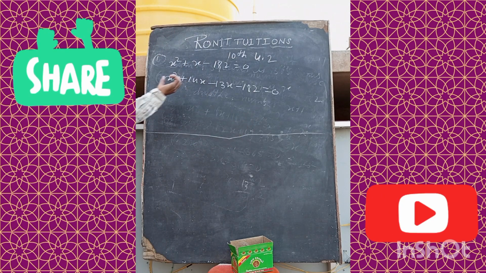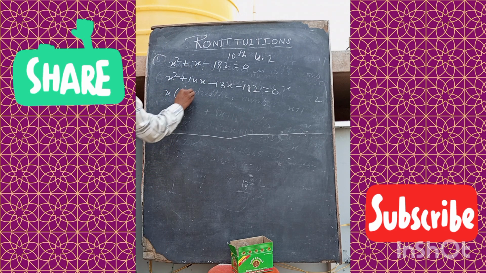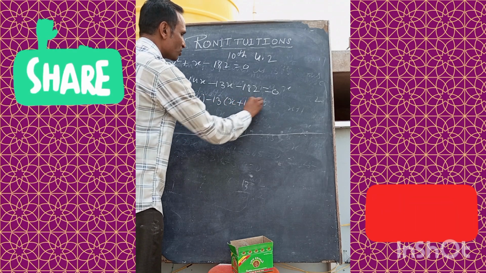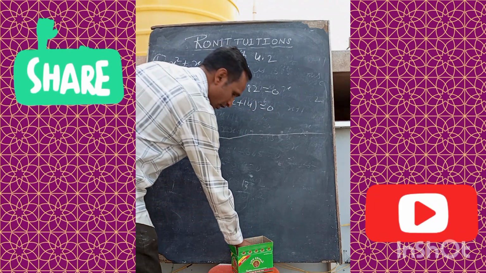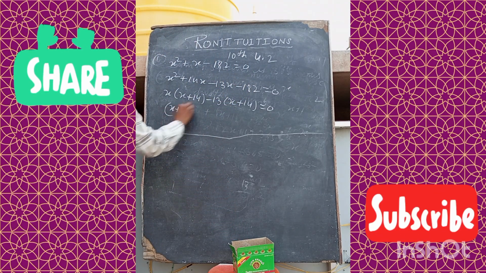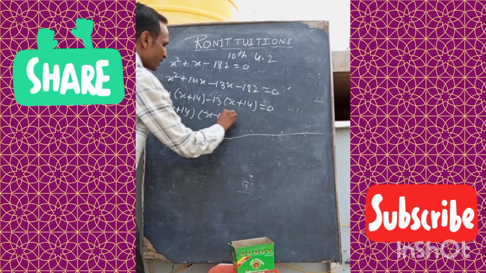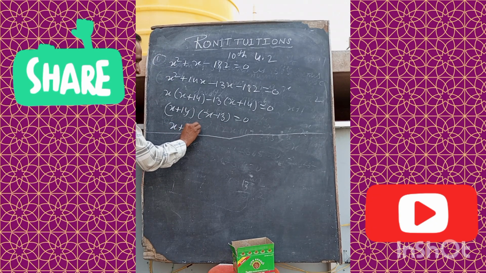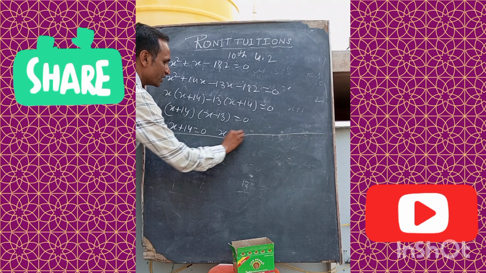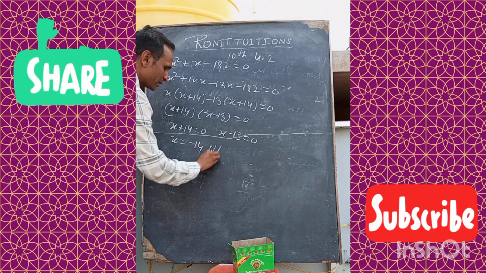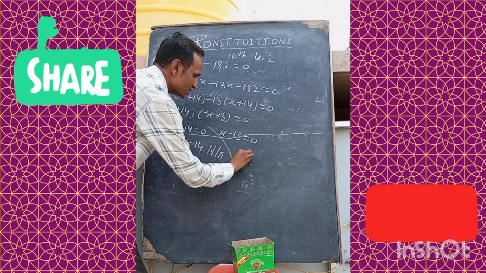We did this in question number 3. Taking x common, x plus 14, and taking minus 13 common, x plus 14 is equal to 0. Now x plus 14 is the common factor, and x minus 13 remains. Either this is 0 or this is 0. So x plus 14 is equal to 0, x minus 13 is equal to 0. x is equal to minus 14, which is not applicable, and x is equal to 13.